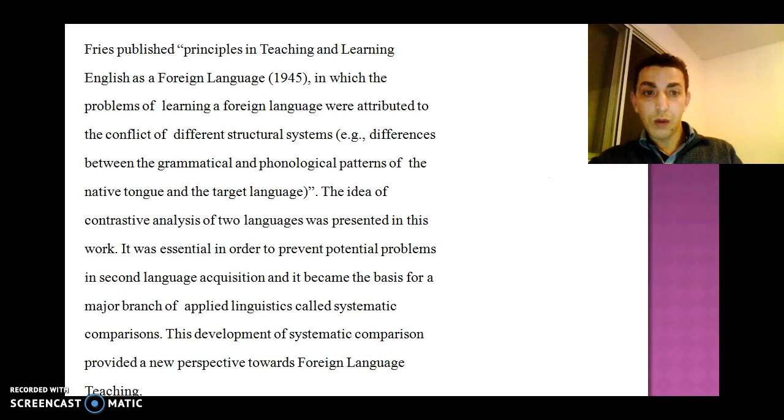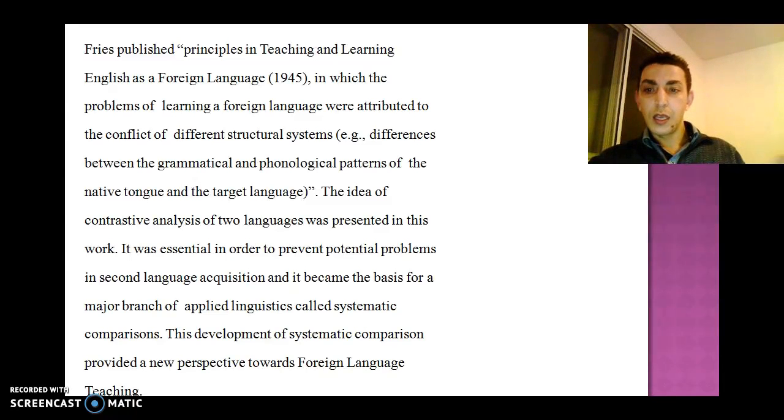And the third one was by the same person. It was the systematic comparison between the structures of two languages.